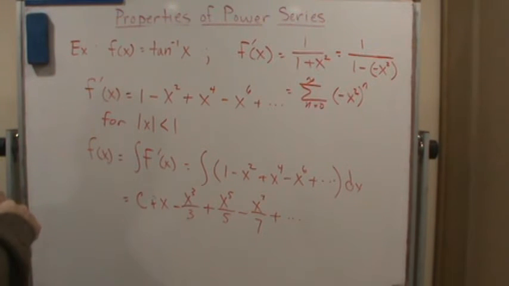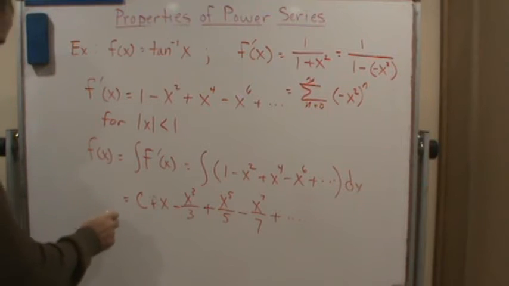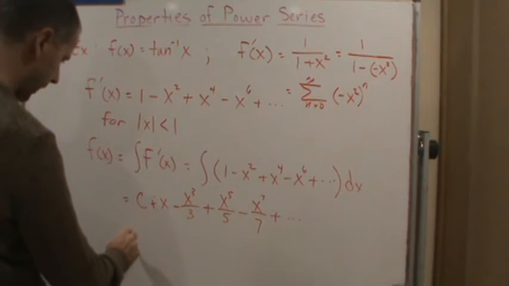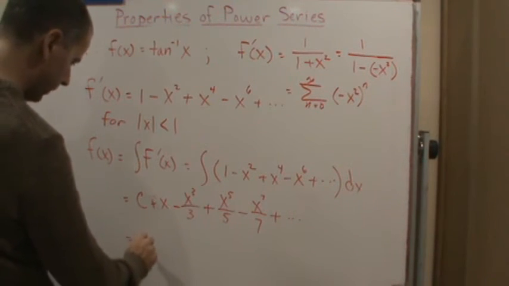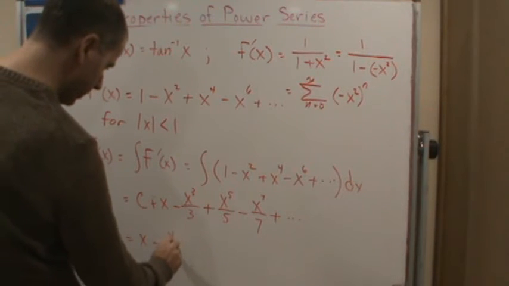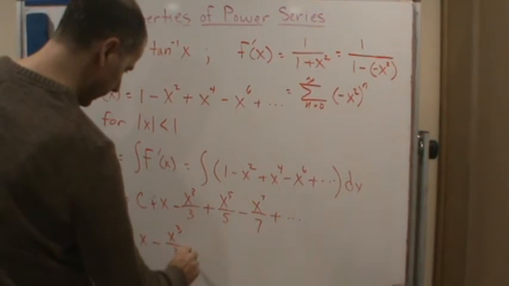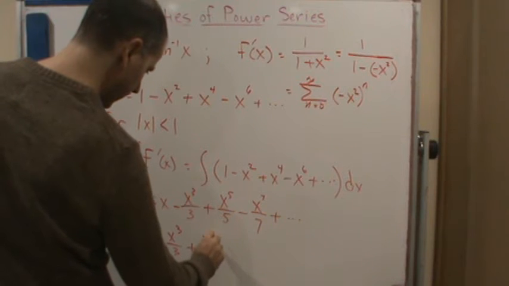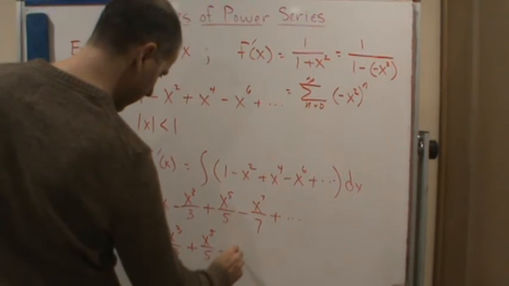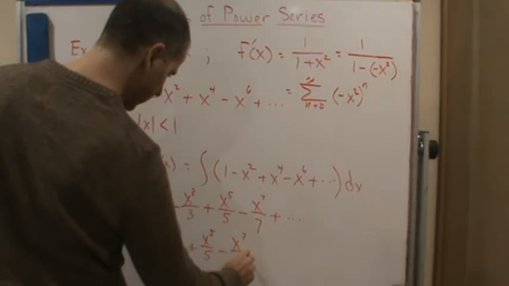So c is equal to 0. That means that f of x is going to equal x minus x cubed over 3 plus x to the 5th over 5 minus x to the 7th over 7.